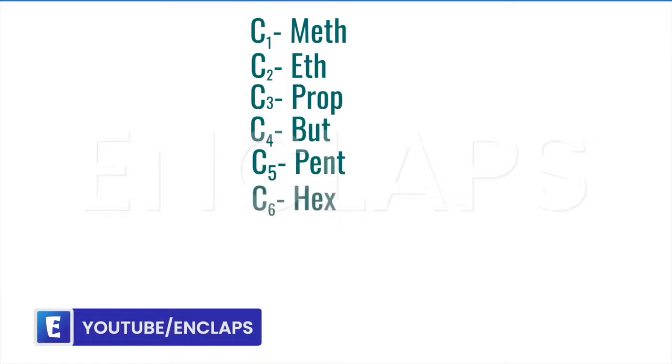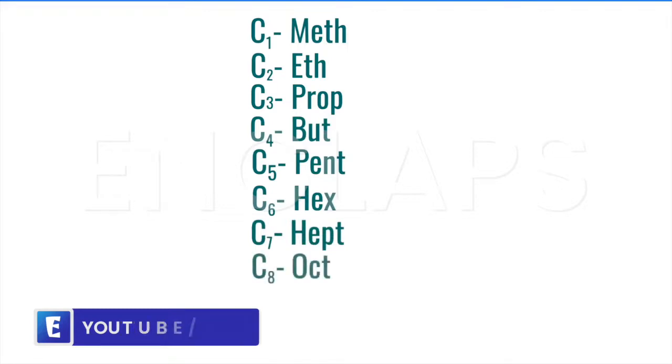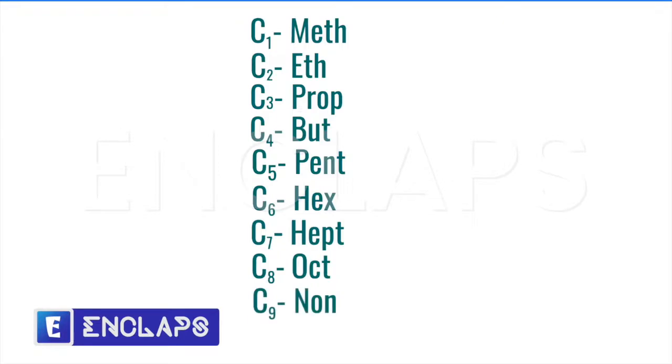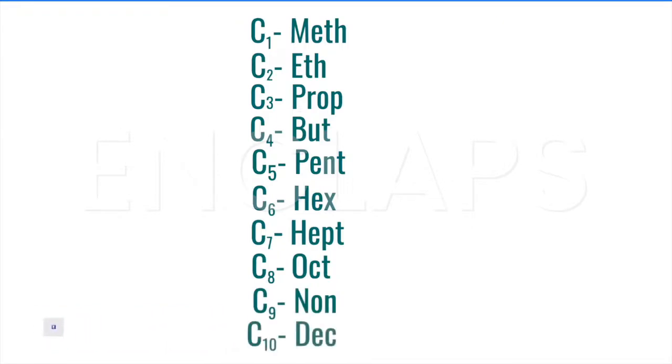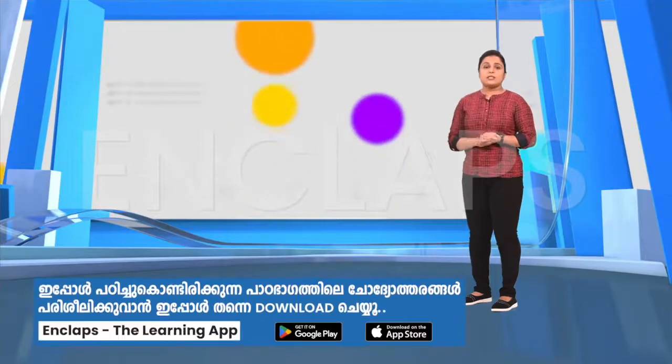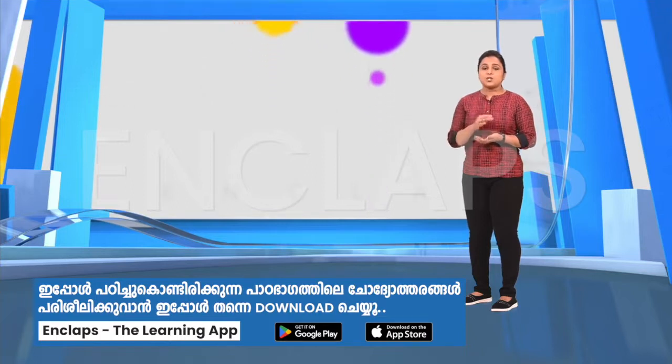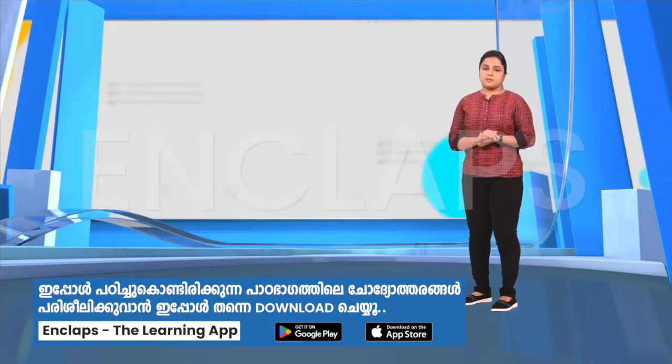For 6 carbon atoms, hex. For 7 carbon atoms, hept. For 8 carbon atoms, oct. For 9 carbon atoms, non. And for 10 carbon atoms, the word root is dec. So now you know the word root corresponding to the number of carbon atoms, right?